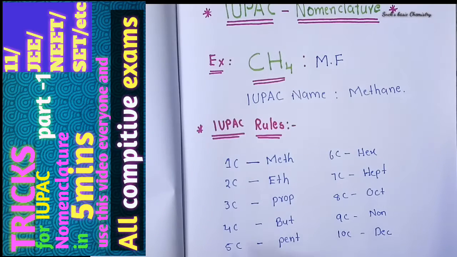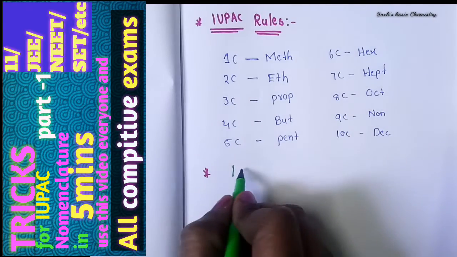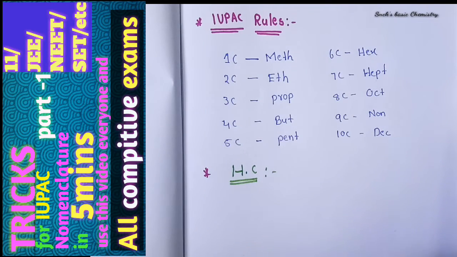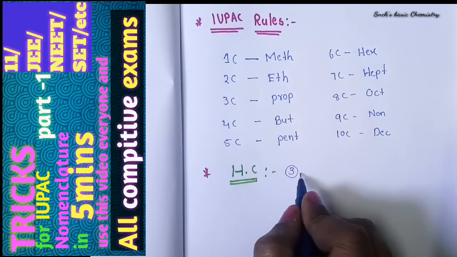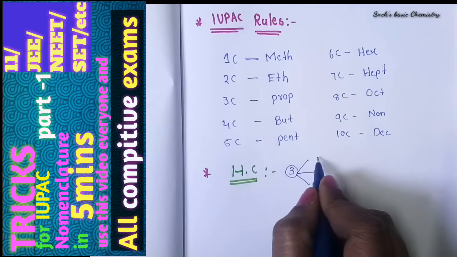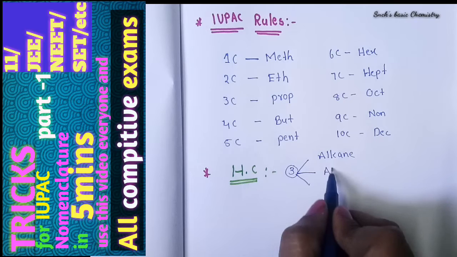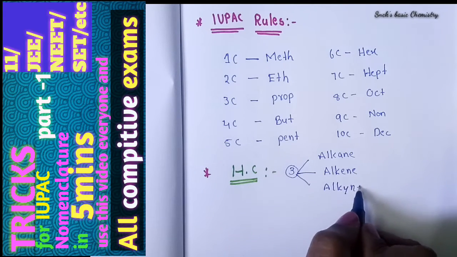So let us discuss another topic, hydrocarbons. We already know hydrocarbons. Hydrocarbons are of three types: alkane, alkene, alkyne.